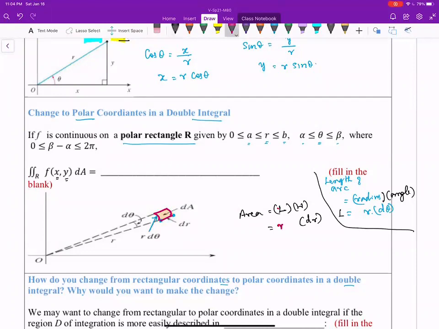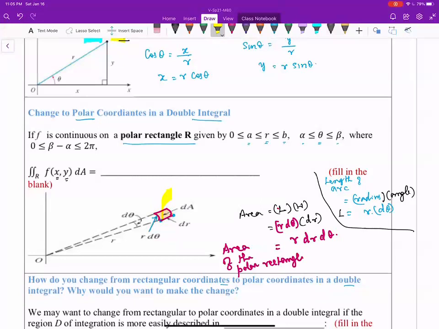So length can be replaced by r times d theta. So the area of the polar rectangle is r dr d theta. So this area here is r dr d theta.